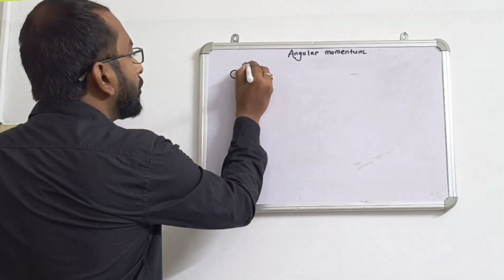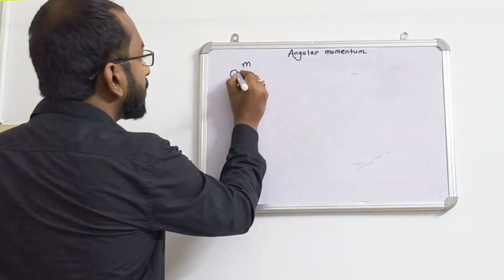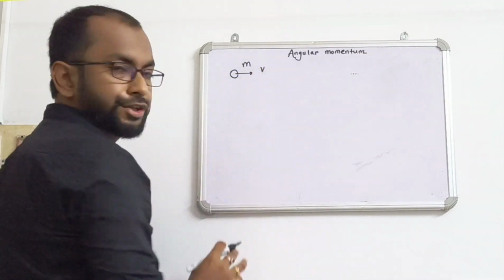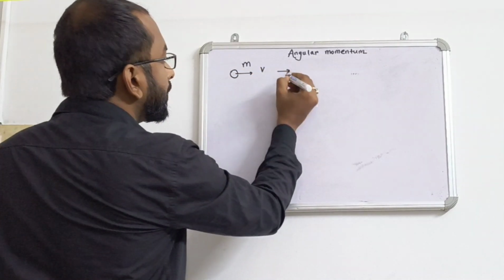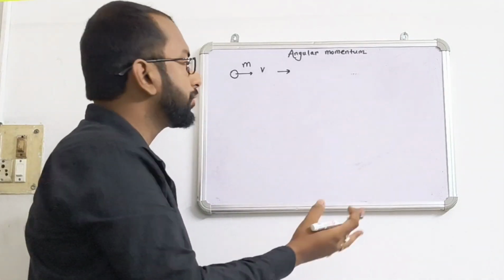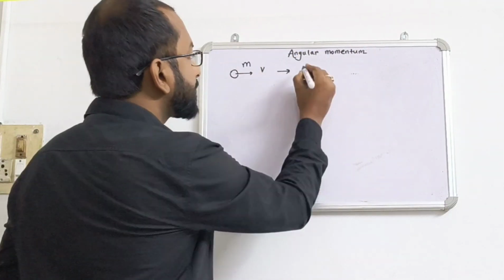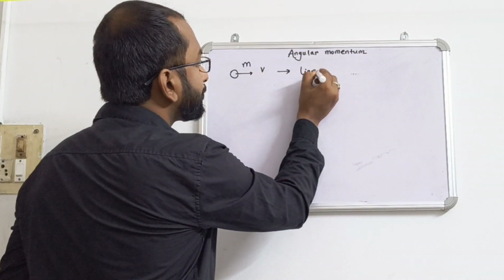So when a body of mass m is moving in a straight line with velocity v, the momentum associated with this translational motion is called the linear momentum.